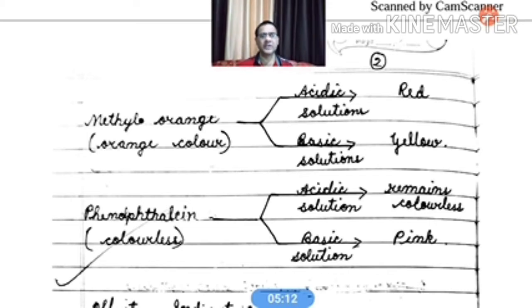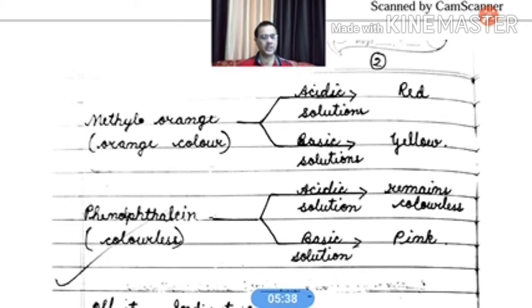But if we put it in the basic solution, it gives a very beautiful pink color. So remember, phenolphthalein remains colorless in acidic solution but turns pink in basic solution. These are the three tests by which we can differentiate the acid and base in our syllabus.